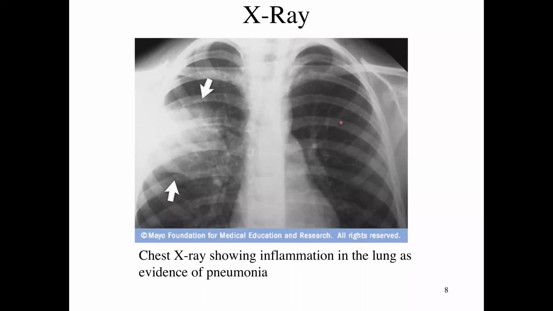So here's what a chest X-ray looks like in a patient who has some kind of inflammation in their lung. It's more than likely pneumonia. This is one of the most common things diagnosed with a simple chest X-ray, but you can see that it casts a shadow. So there's more fluid in that part of the lung than in the other lung, in this patient's left lung.